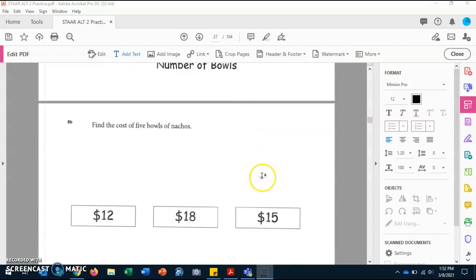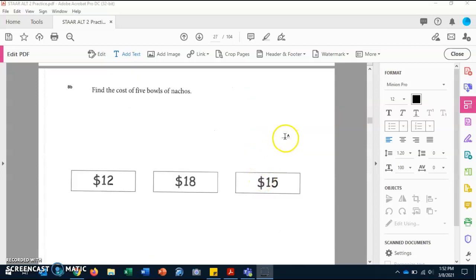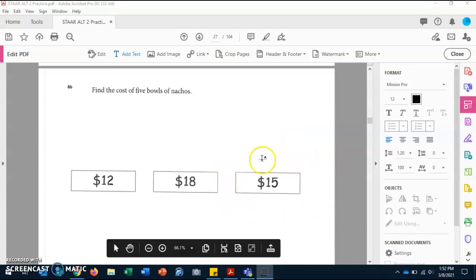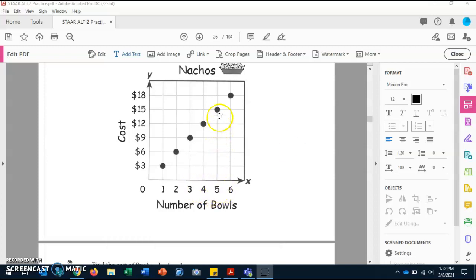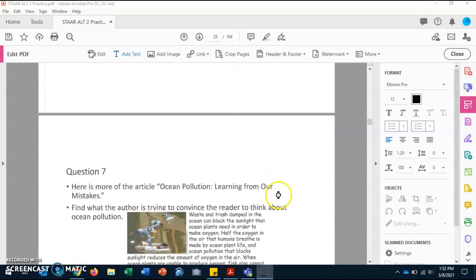And if we go over here, is 15 our answer choice? Yes, it is our last answer choice, the one on the right. So this is our answer. Good job, boys. This one was fairly easy. We just needed to find the 5, go to the dot, and see how much 5 bowls of nachos cost.